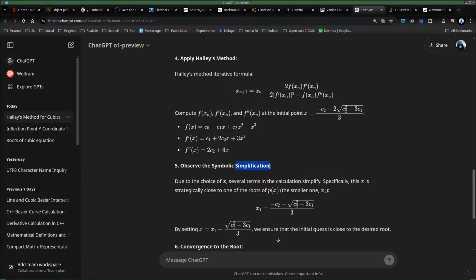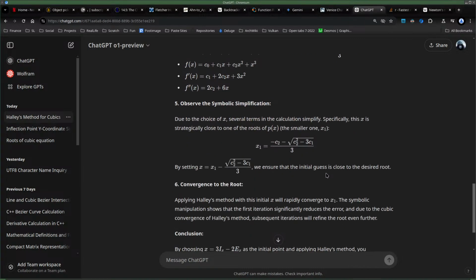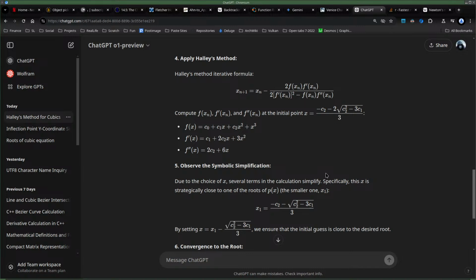Where does that word come from? Always the optimist, ChatGPT. Especially if you think about it, it first generated this, and then the rest. Due to the choice of x, several terms in the calculations simplify.